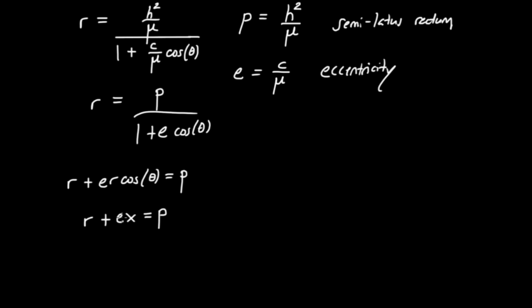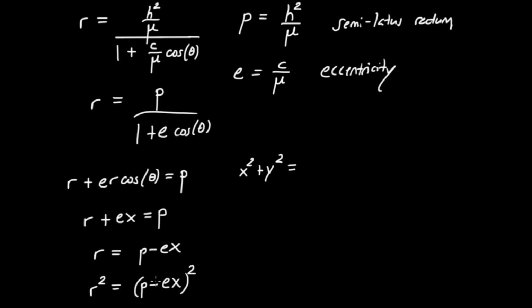I remind you that this E is just a dimensionless number, a plain old number called the eccentricity. I'm going to move this term onto the right hand side, so r is equal to P minus E x. My next little trick is to square both sides. So r squared is equal to the square of P minus E x. Remember also in polar coordinates that r squared is equal to x squared plus y squared.